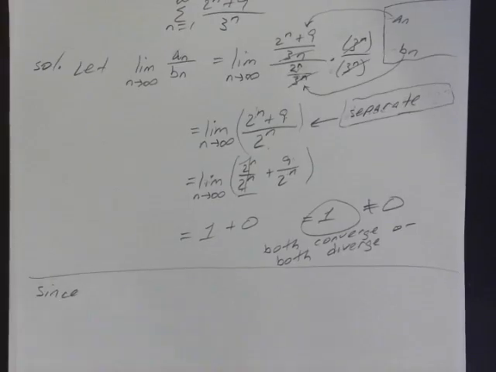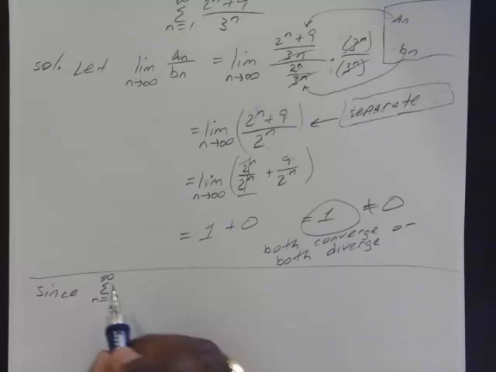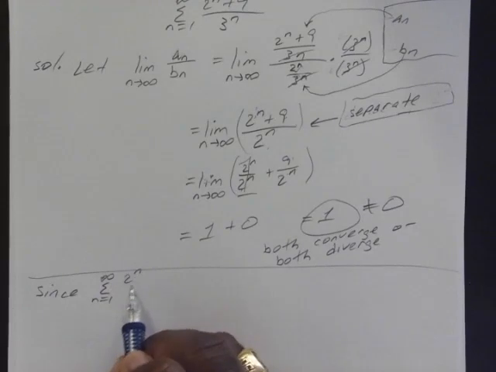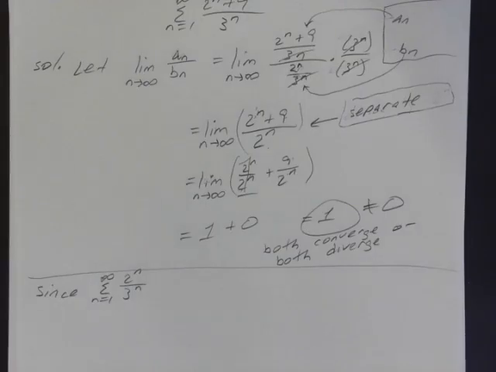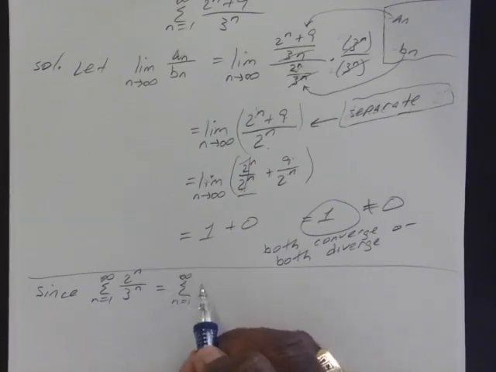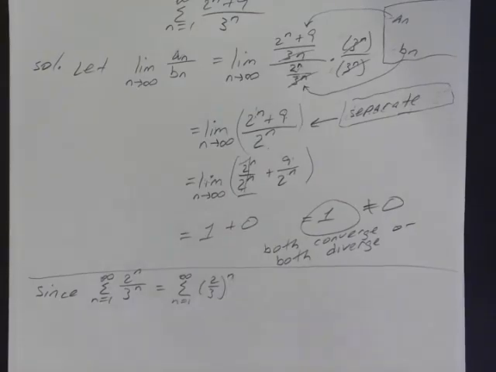We can take the sum from n equals 1 to infinity of 2 to the power of n divided by 3 to the power of n, and we're going to rewrite it as the sum from n equals 1 to infinity of 2 divided by 3 to the power of n.